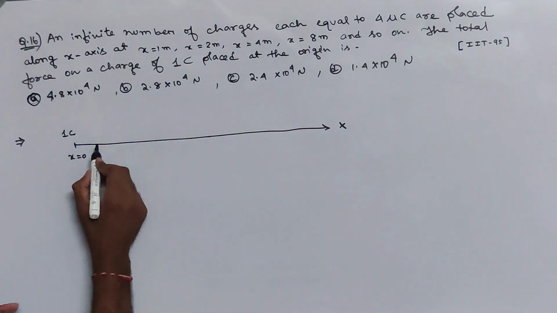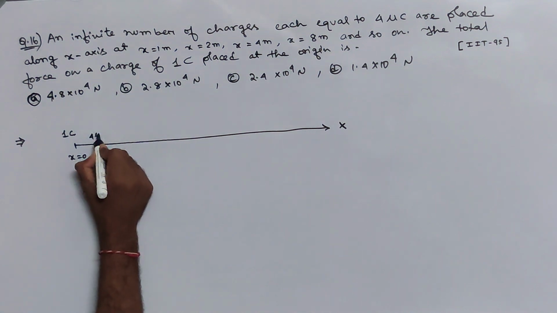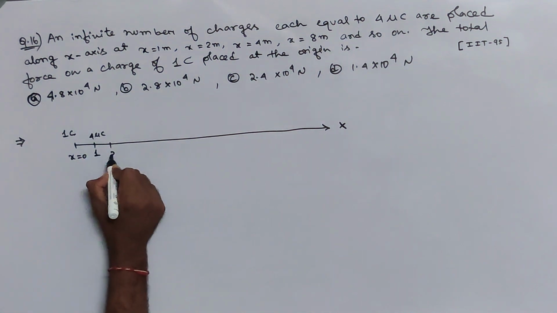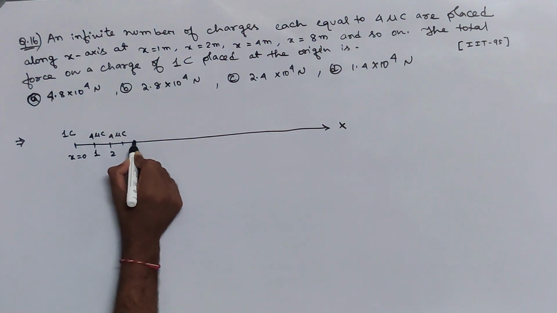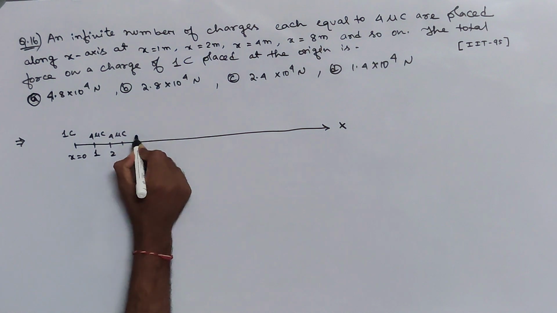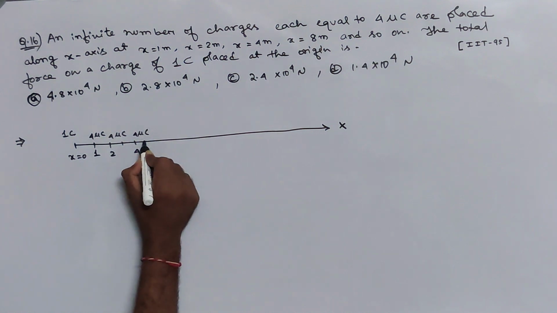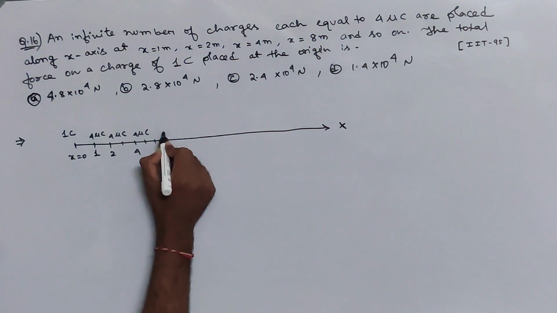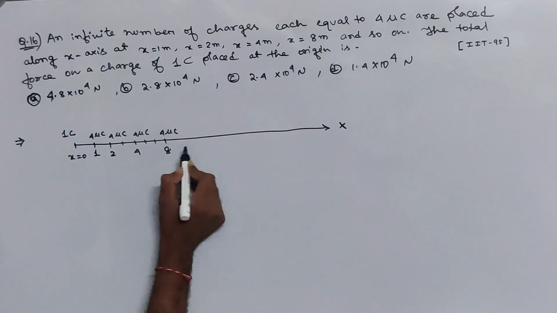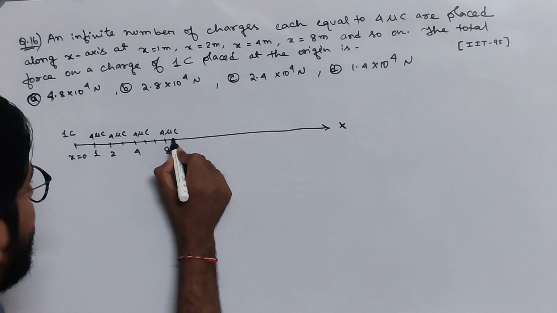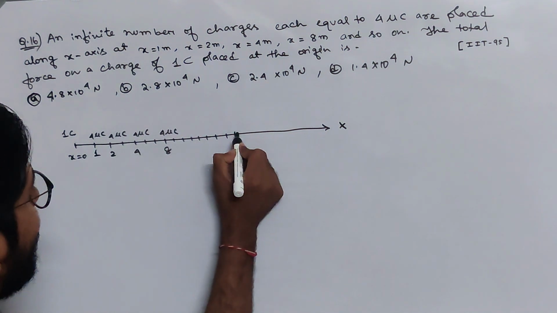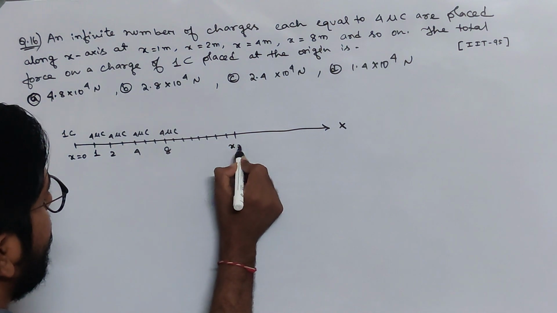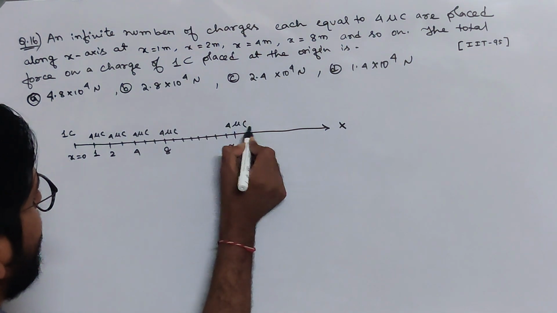The distribution is like: at x equal to 1 there will be a 4 microcoulomb charge, at x equal to 2 another 4 microcoulomb charge, at x equal to 4 another 4 microcoulomb charge, at x equal to 8 another, and at x equal to 16 another 4 microcoulomb charge, and so on.